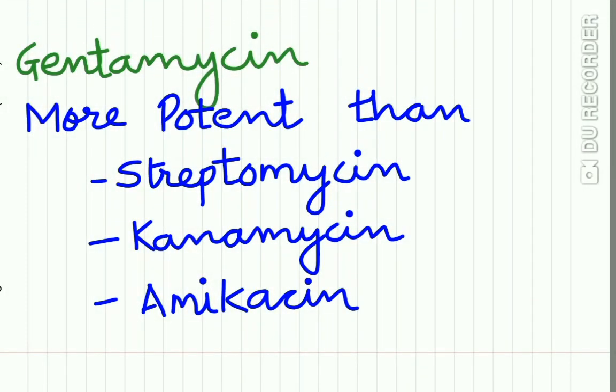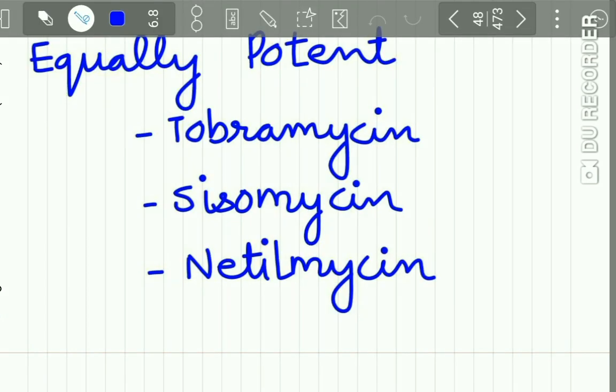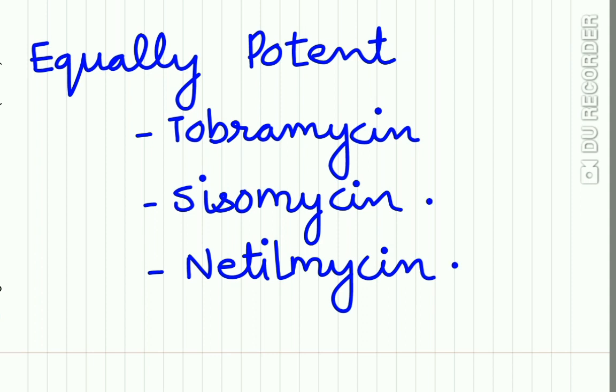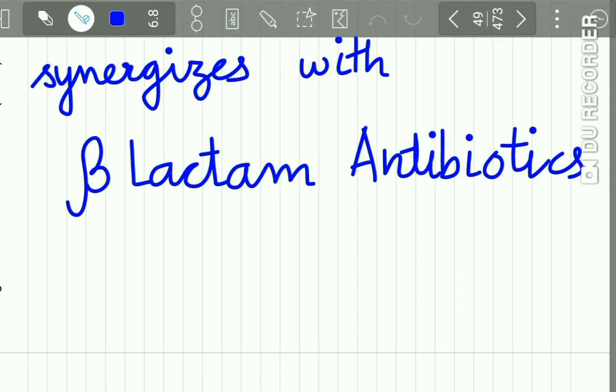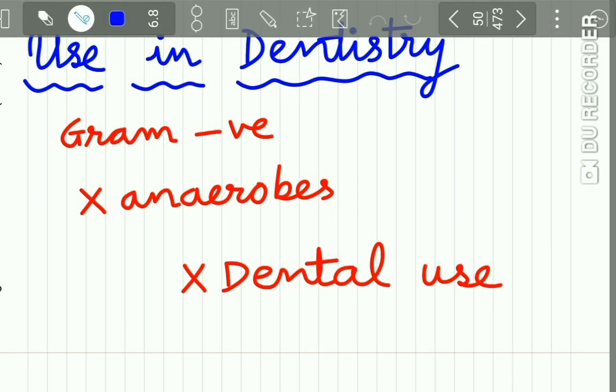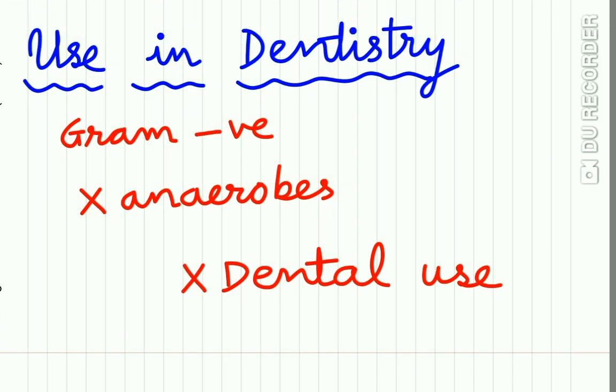Gentamicin is more potent than streptomycin, kanamycin, and amikacin. It is equally potent to tobramycin, sisomicin, and netilmicin, and it synergizes with the beta-lactam antibiotics. Used in dentistry, it is predominantly against the gram-negative bacteria.